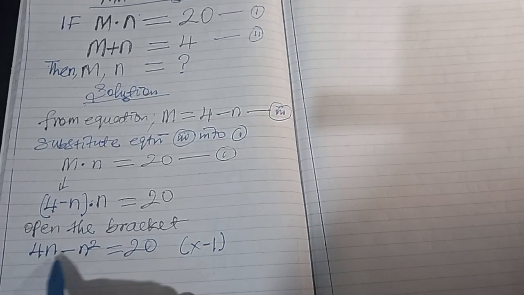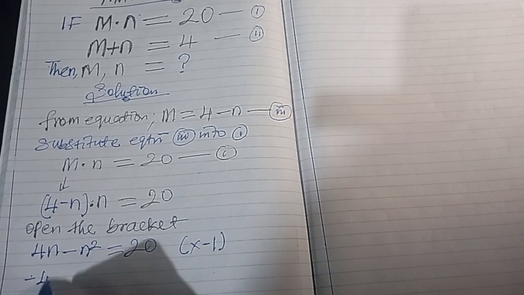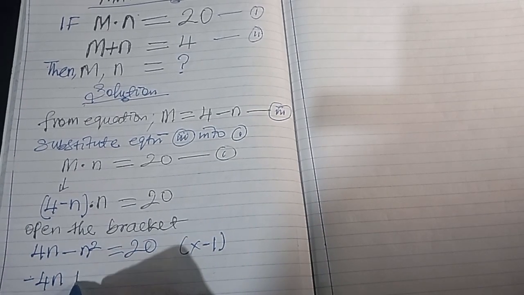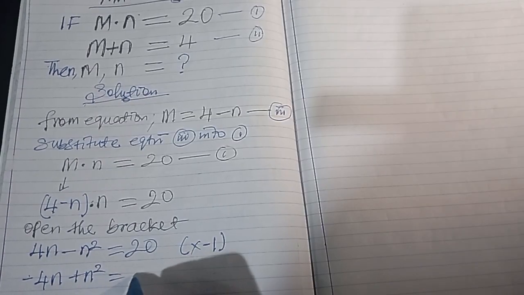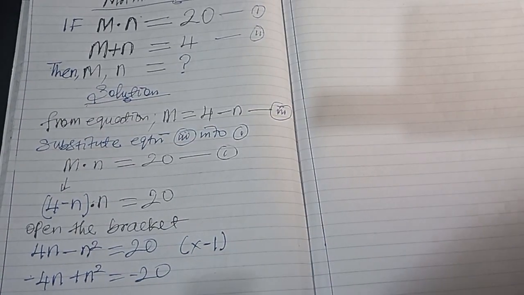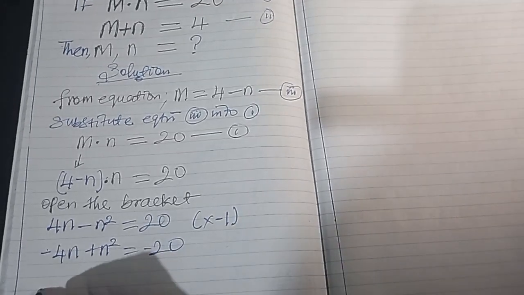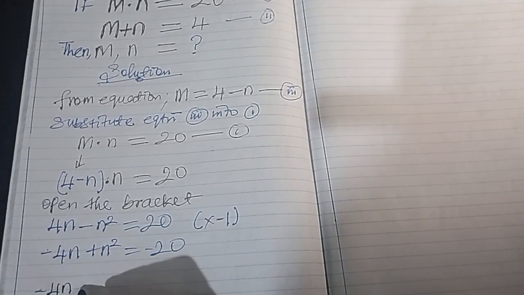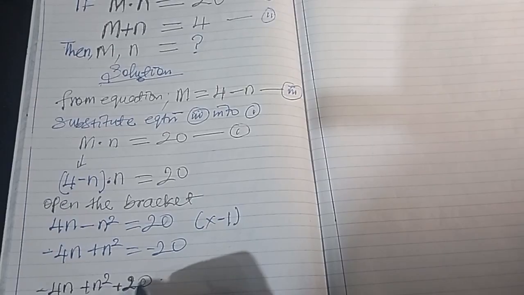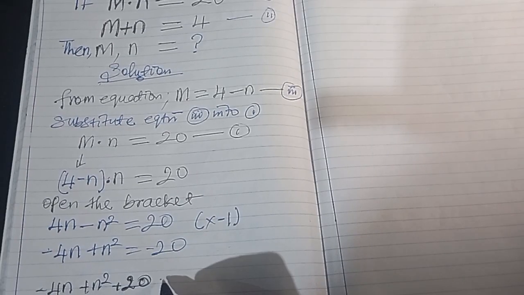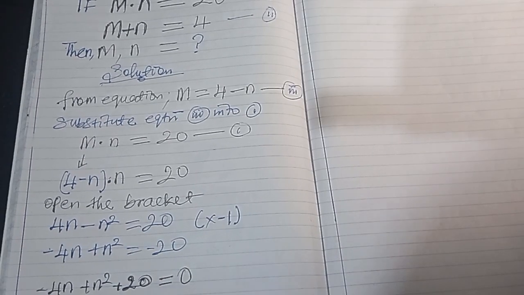To multiply by minus 1, we are going to have minus 4n plus n squared equals minus 20. Okay, let this 20 cross the equality sign. We are going to have minus 4n plus n squared plus 20, because this is minus crossing the equality sign, equal to 0.